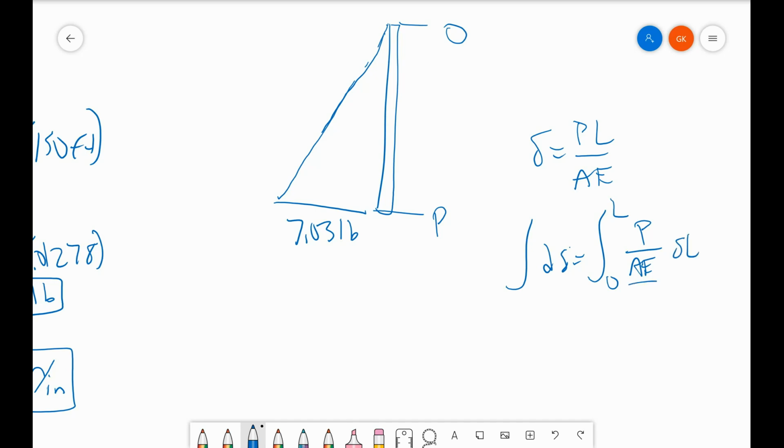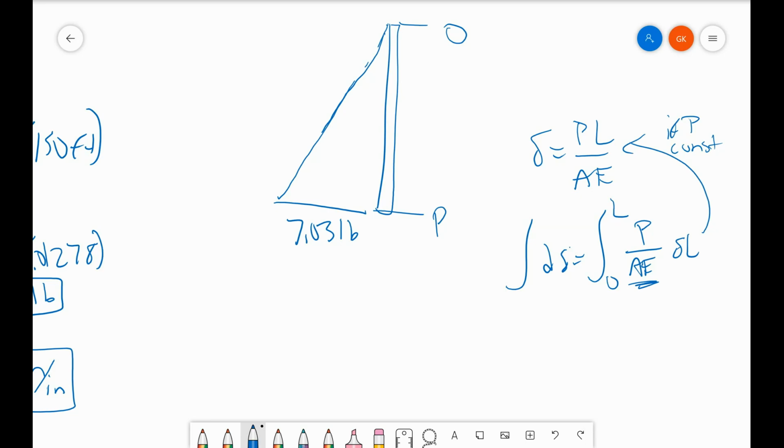Now most times P is constant. This is calculus here, you don't actually have to know this, but when it's constant, it just goes back to our original equation. But P isn't constant. It's actually changing as we go, as a function of L. It's per unit length.